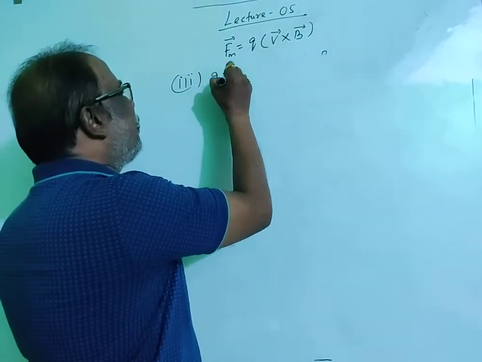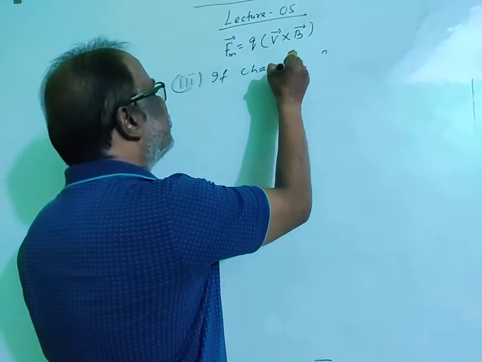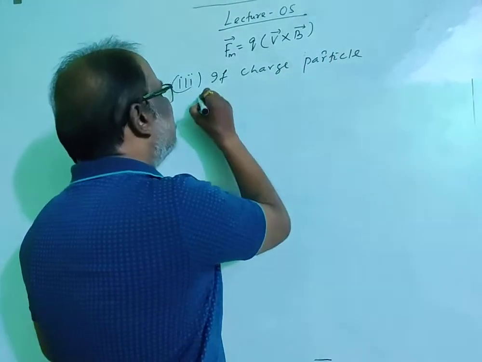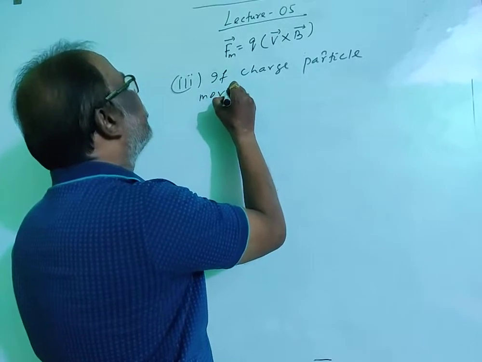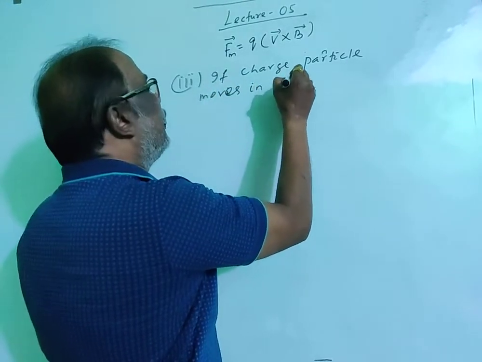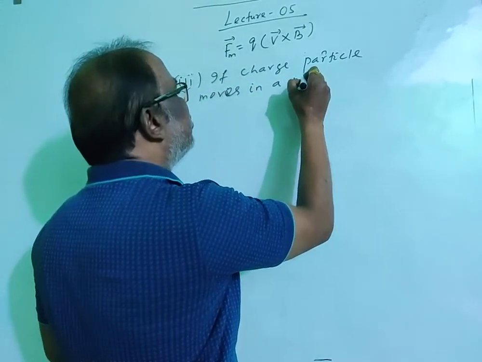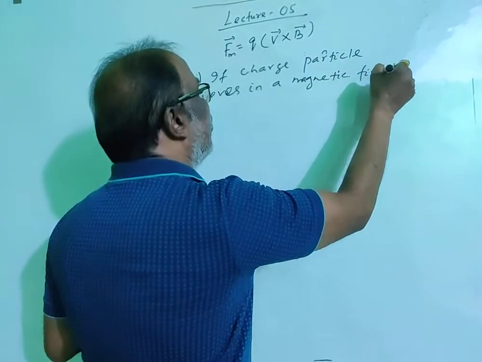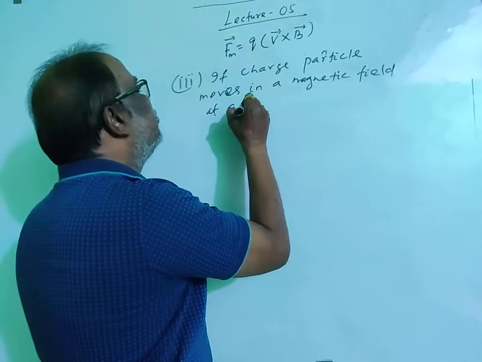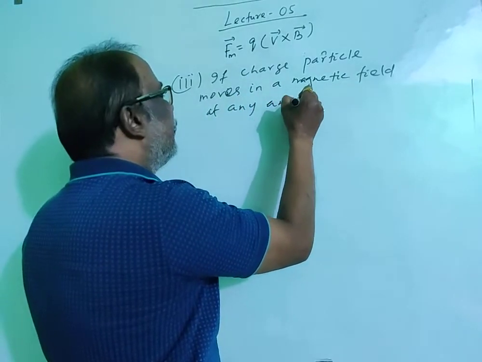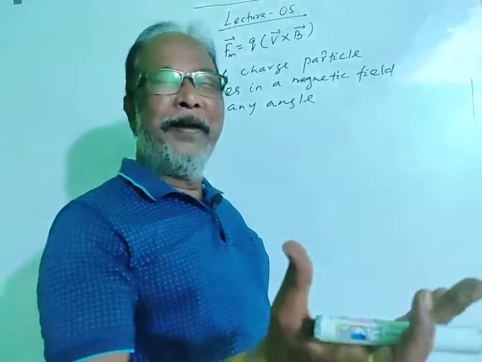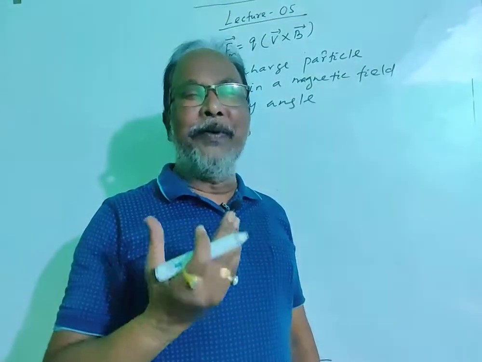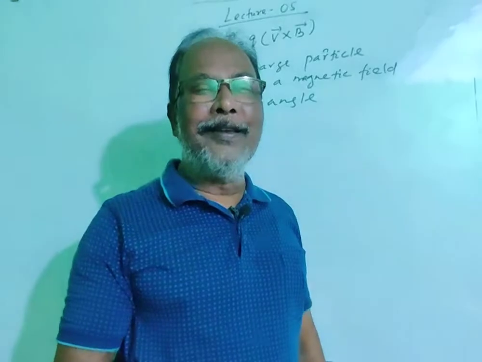If the charged particle moves in a magnetic field at any angle, but we have discussed theta is 0 degree, theta is 180 degree, and theta is 90 degree.